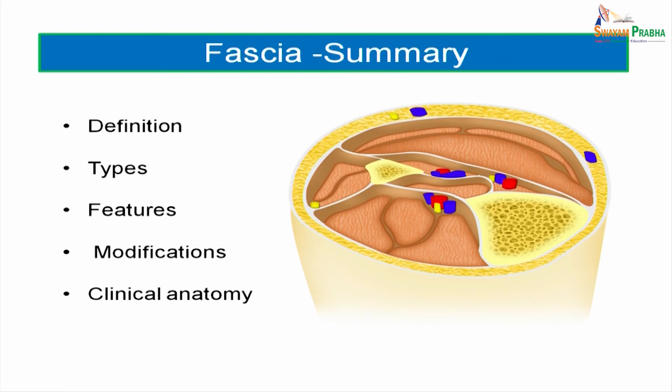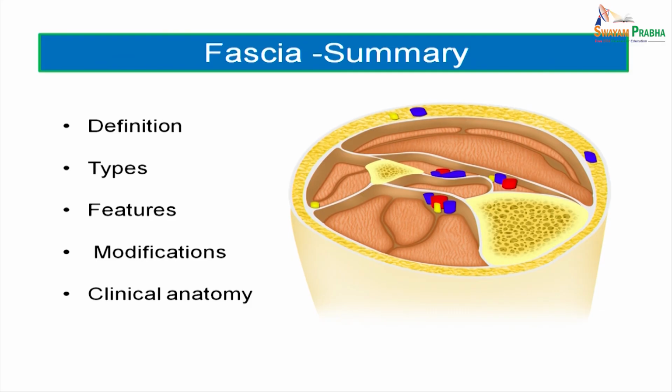So, in today's session regarding the fascia, we studied what fascia is, the different types of fascia, that is superficial, deep and subserous. We saw their general features, their modified versions and the clinical implications of these fascia. As a whole, in today's session, we studied skin and fascia as a part of the integumentary system.